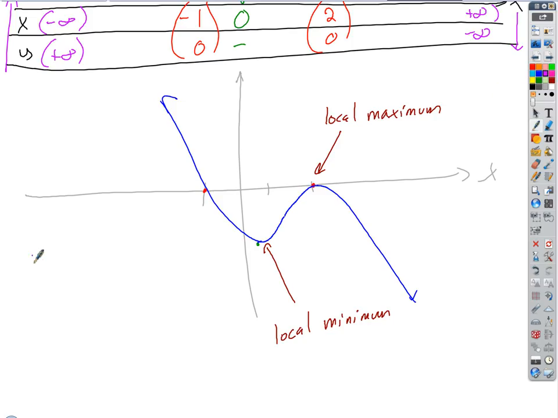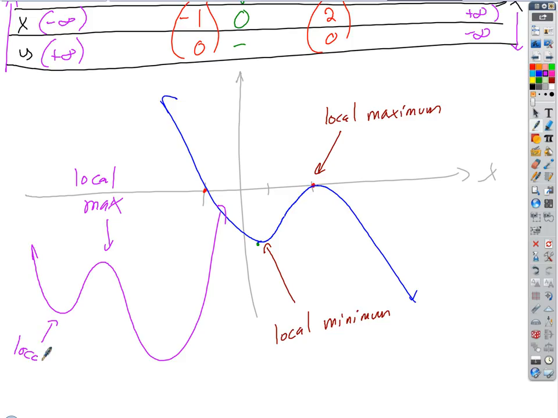What if the function did something like this instead? Let's say we had a function that went like that. What's that going to be? That's going to be a local max, right? What's that one going to be? A local minimum. What's that one going to be? It is going to be a local minimum, but we can even do one more than that.